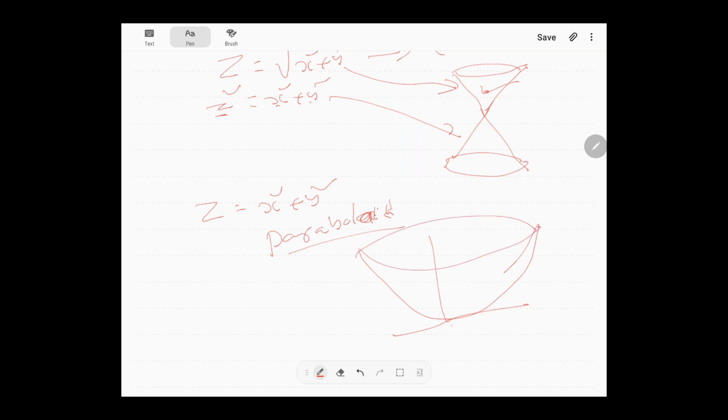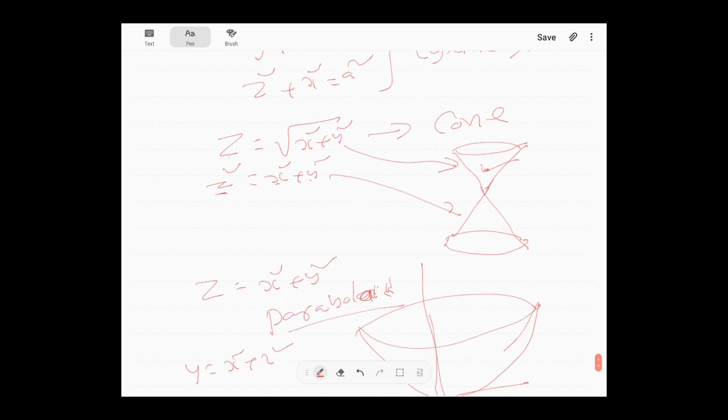Similarly, other things also you'll get. If you get y is equal to x square plus z square, then this will be the y-axis, and the xz plane will be this. And similarly, x is equal to y square plus z square. These are also paraboloids. Similarly, you have different cones here.